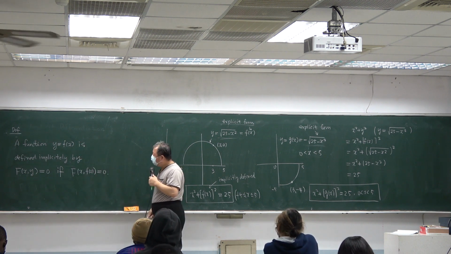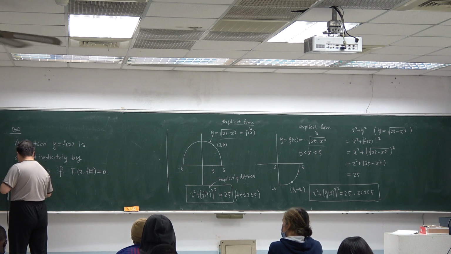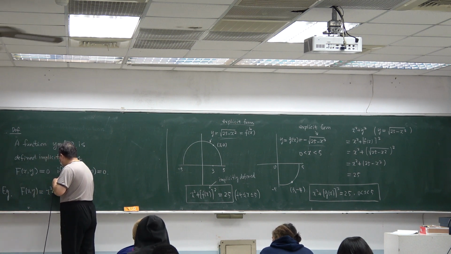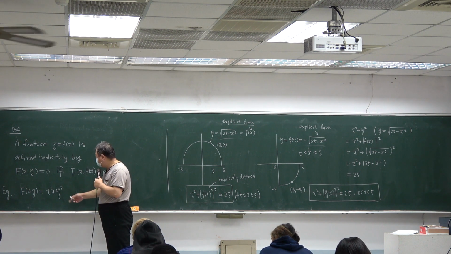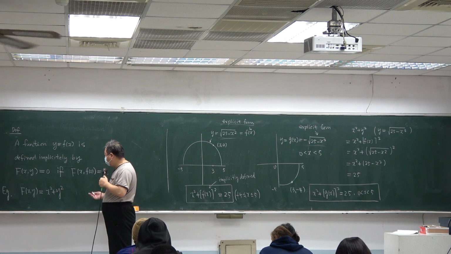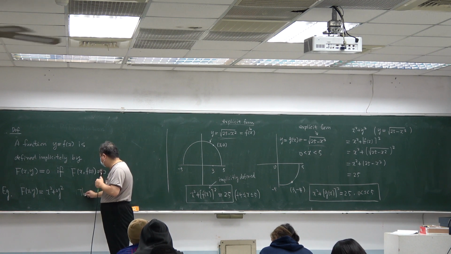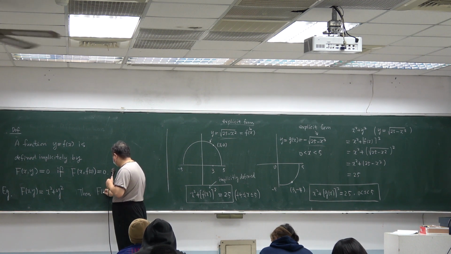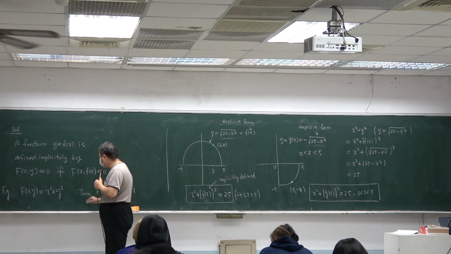For example, if f of x, y equals this function of two variables, then f of x, y equals 0 will be a curve in the plane. So minus 25.